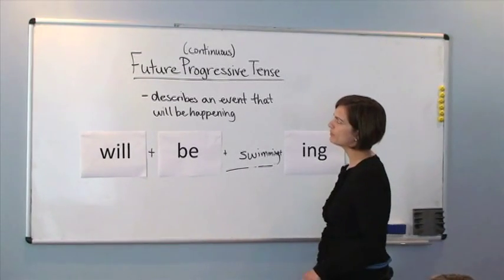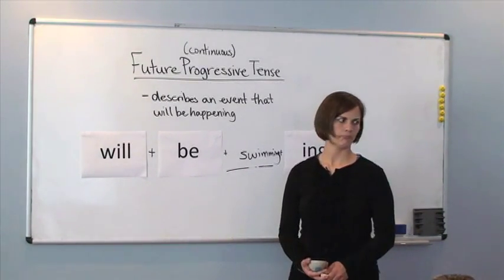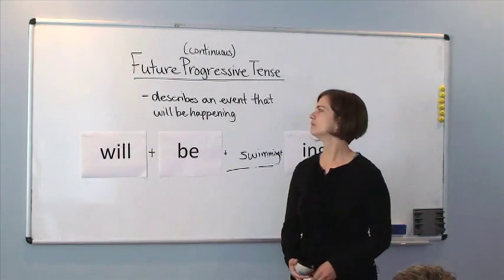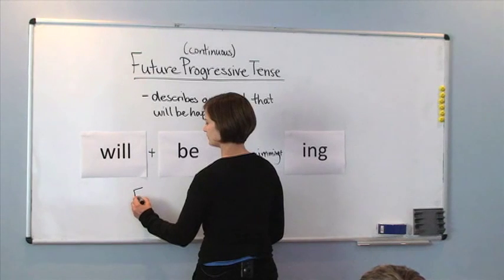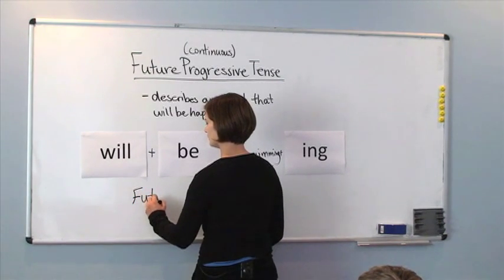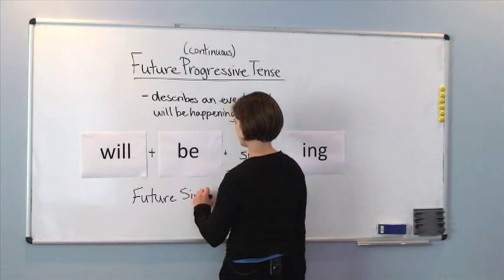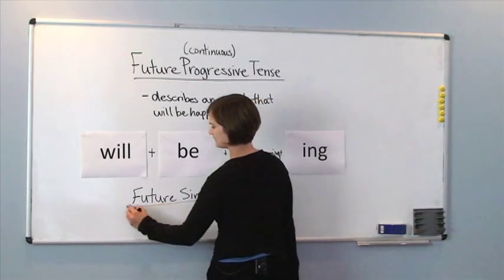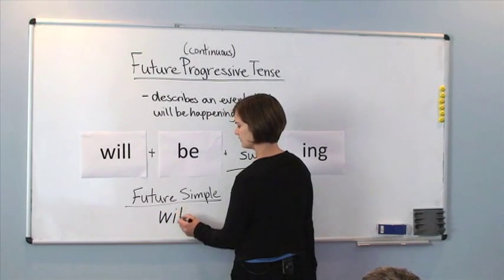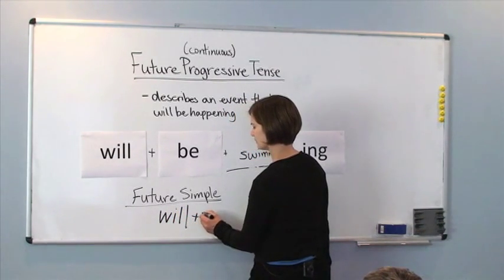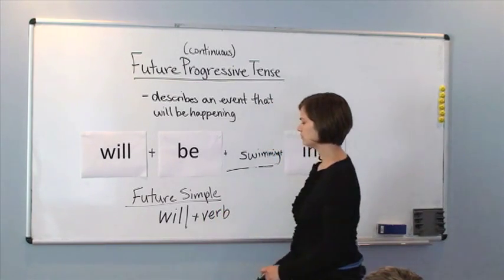How many of you remember the future simple tense? Future simple. I will do something. Future simple is, that's right, will plus the verb, right? Will plus verb.